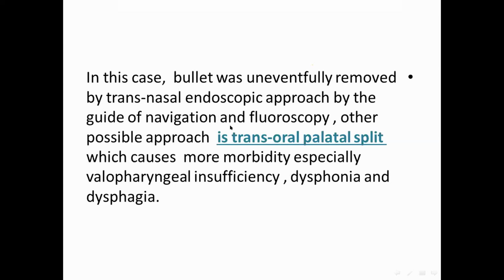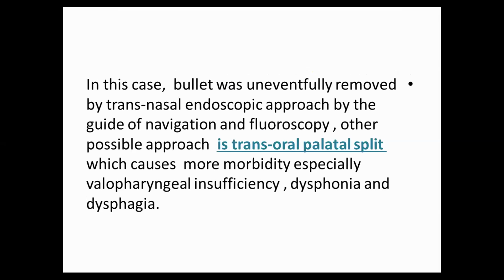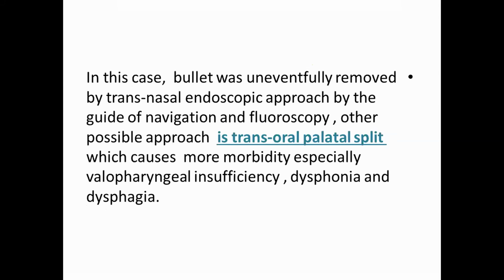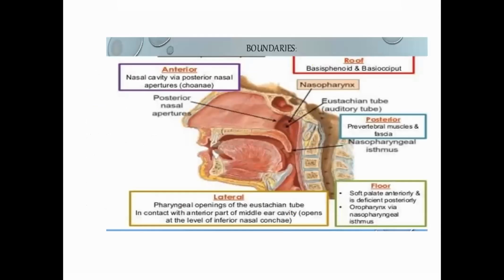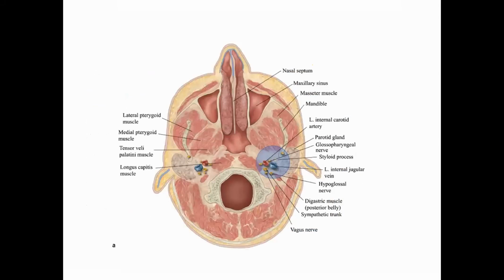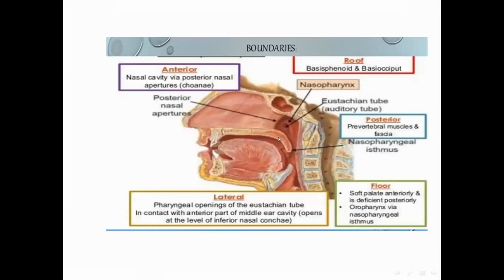The other approach, if this method did not work, is the transoral palatal split. I just want to show you here. With the transpalatal approach, we reach the nasopharynx through the palate by doing a split in the palate.